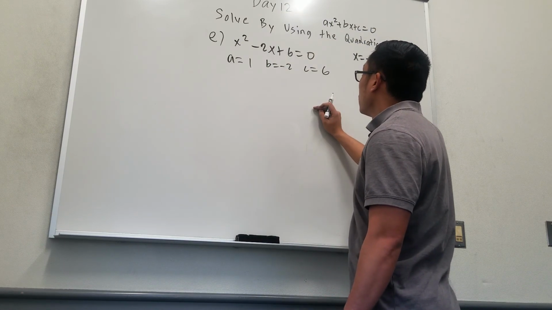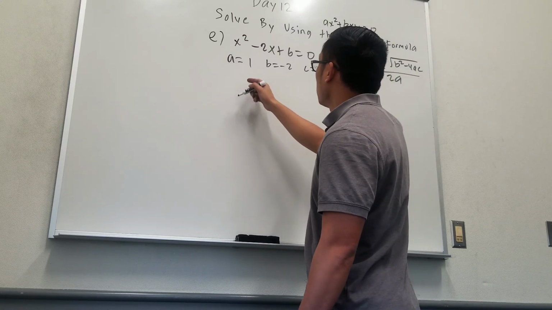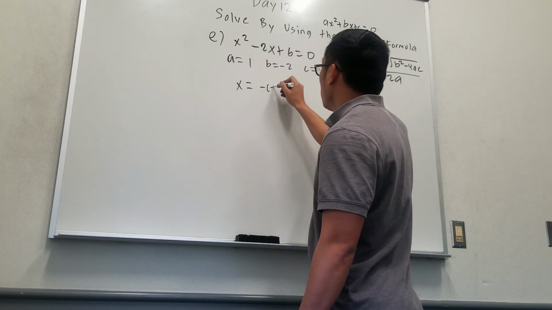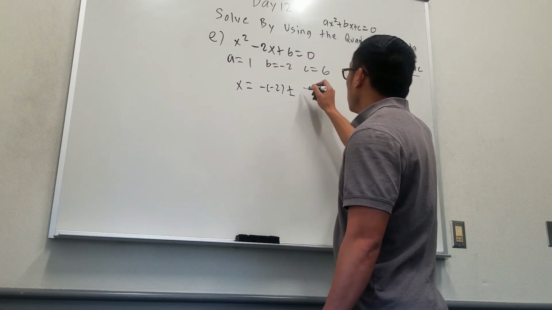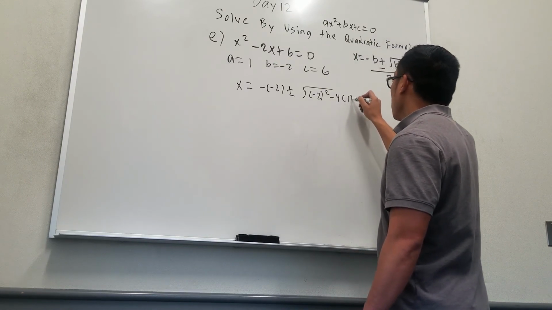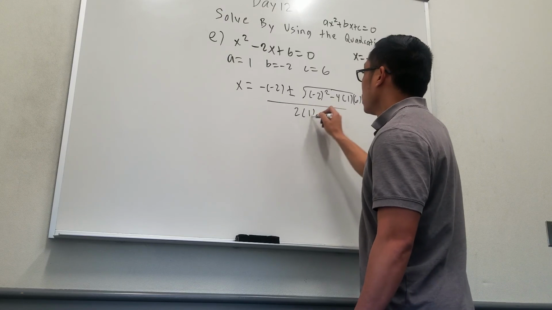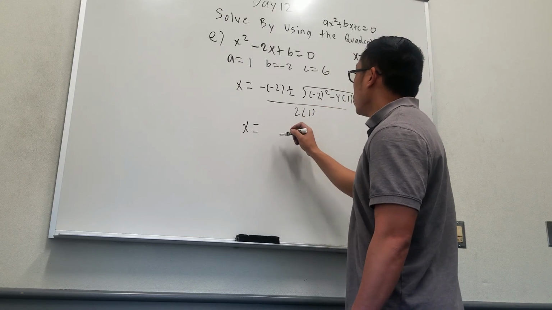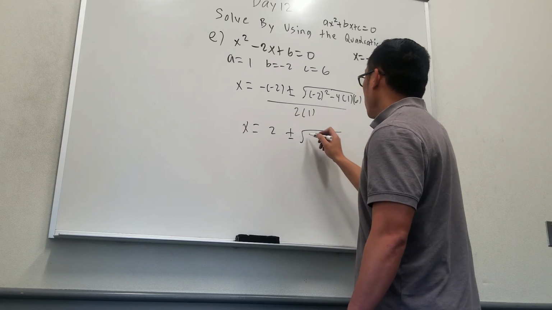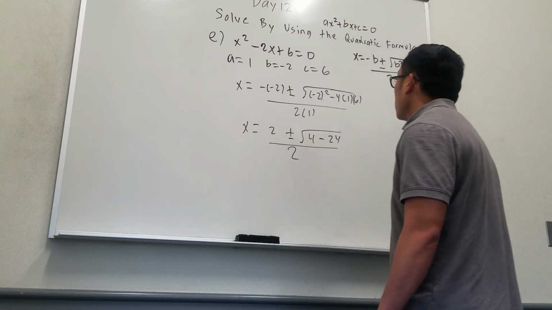So in this case, x is equal to -b plus or minus the square root of b squared minus 4 times a times c, all over 2 times a. So what do you get? You get 2 plus or minus the square root of 4 minus 24, all over 2. Is that correct?